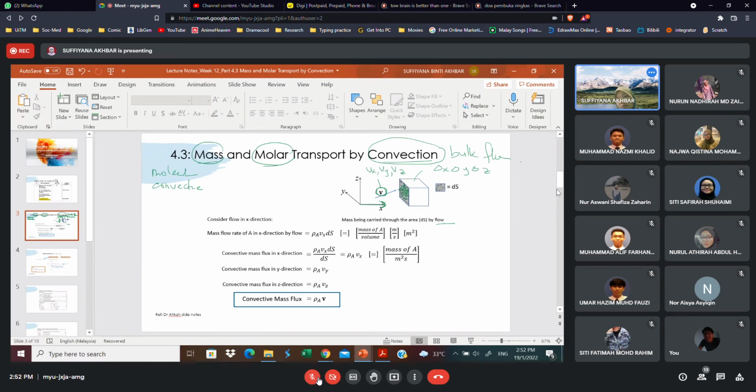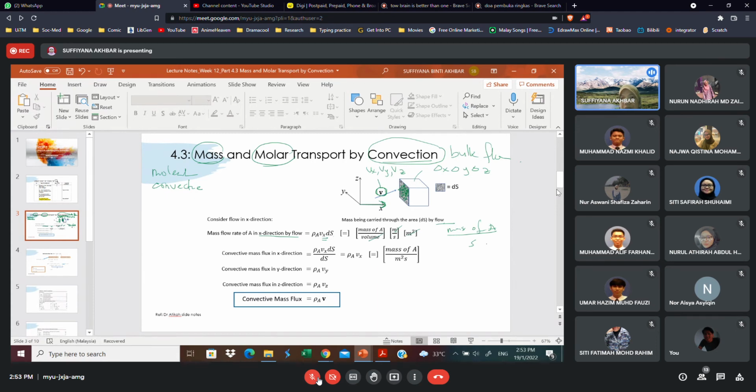So the mass flow rate of A in the x direction by flow is the density of component A times the velocity in the x direction times the area. The unit is mass of A per second.